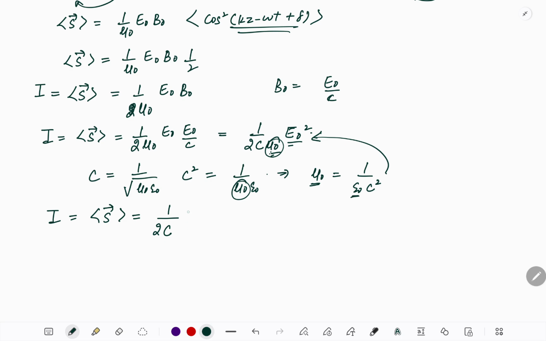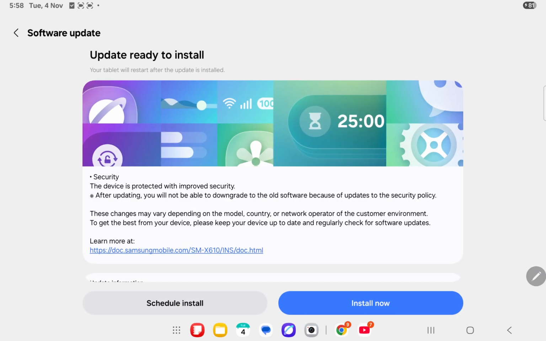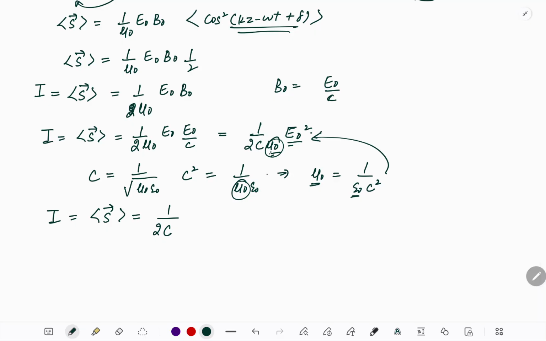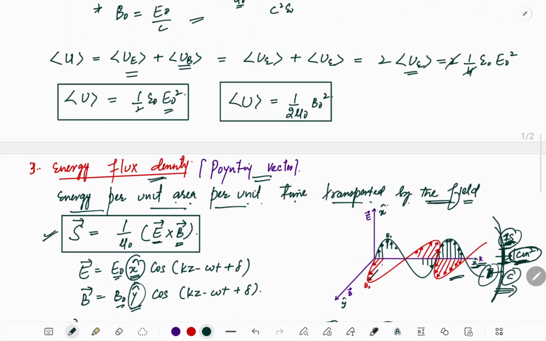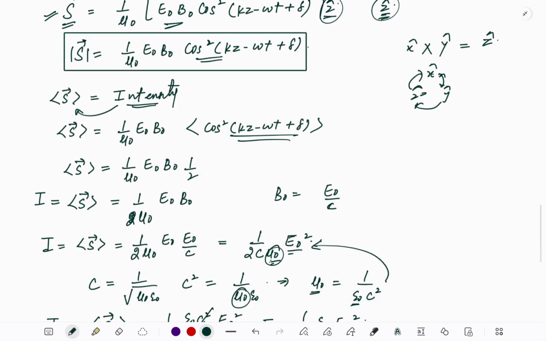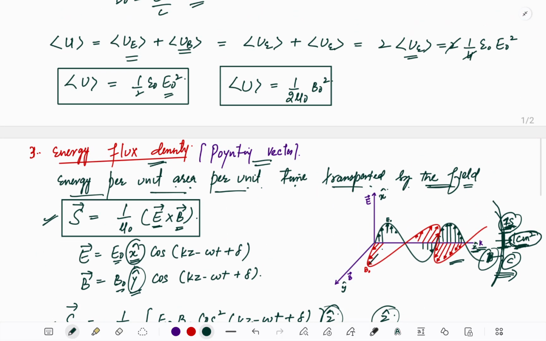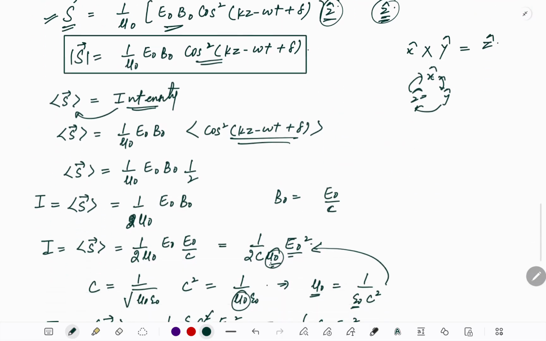So the intensity becomes the average of the Poynting vector equals 1 over 2 c times epsilon 0 c square, and E naught square. One c cancels. So we get 1 over 2 epsilon 0 E naught square times c. If you see what we get here, it is the average of the energy density.